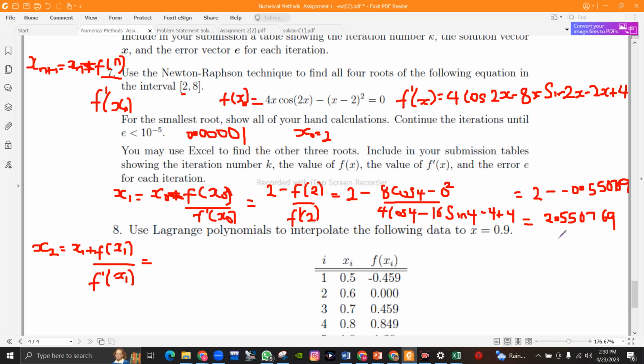The error, we did not check the error, but we know that the error is this minus 2, that's 0.5. Oh, way higher than the value that we are looking for, 0.0001. This is 0.5.